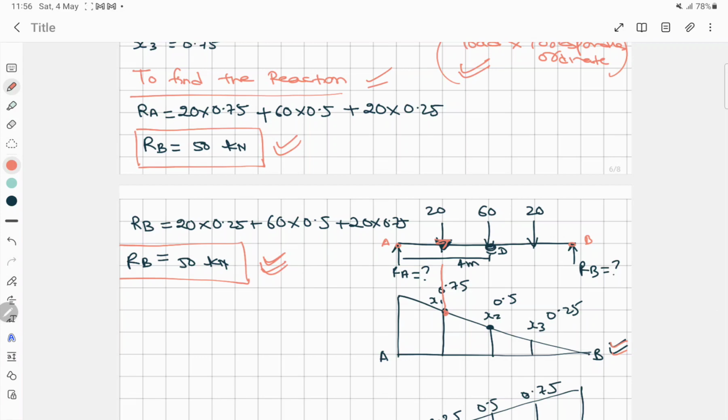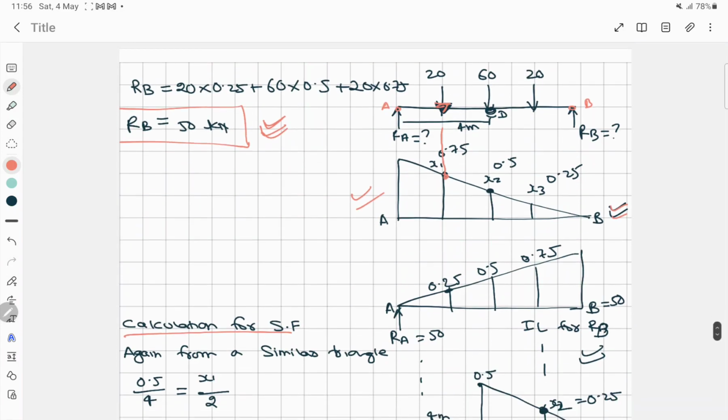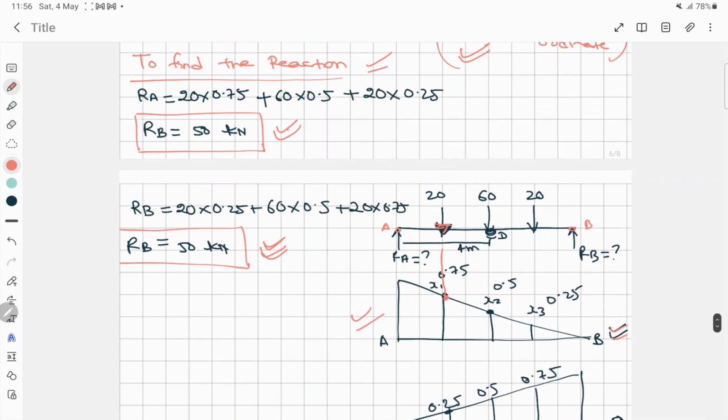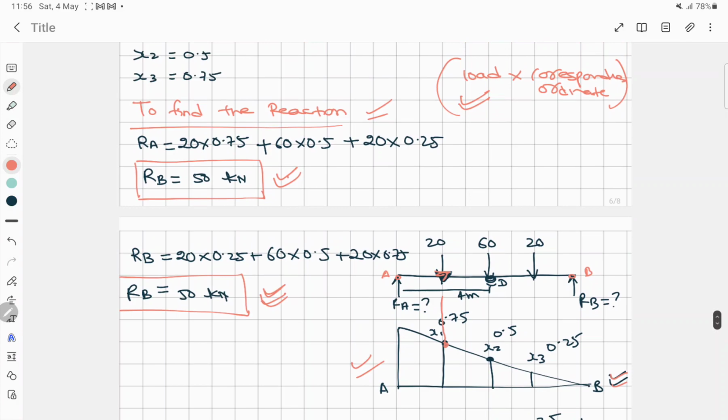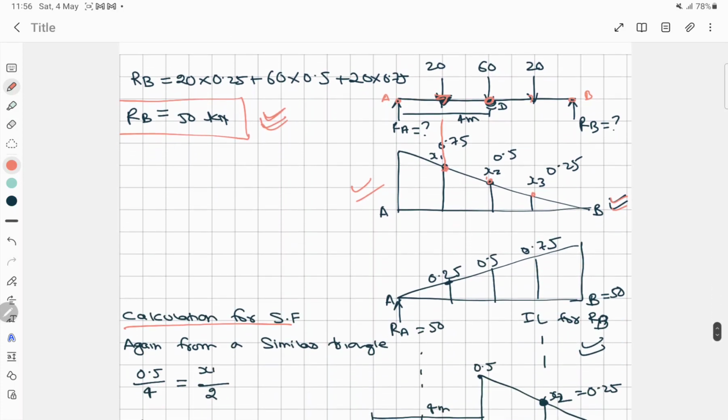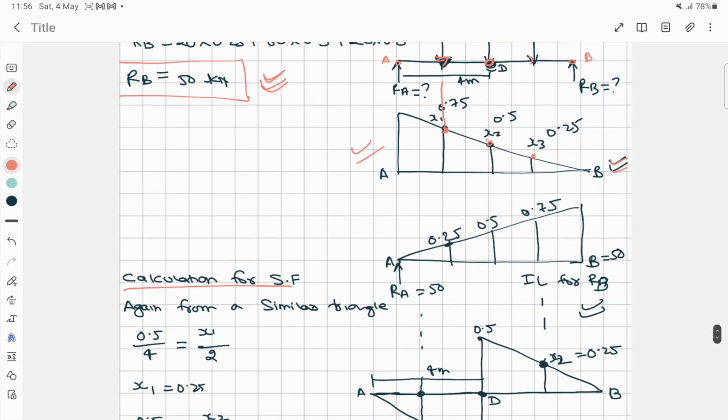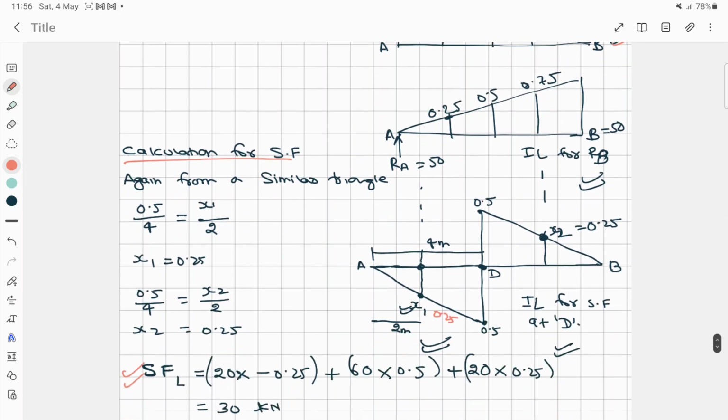RA is equal to, we see this diagram in case of RA and the lower one for RB. So now load into the ordinates: 20 into the ordinate, plus 60, this is the load, this is the ordinate, and again 20 into this ordinate. The RB value also we have to solve by continuing this process only.